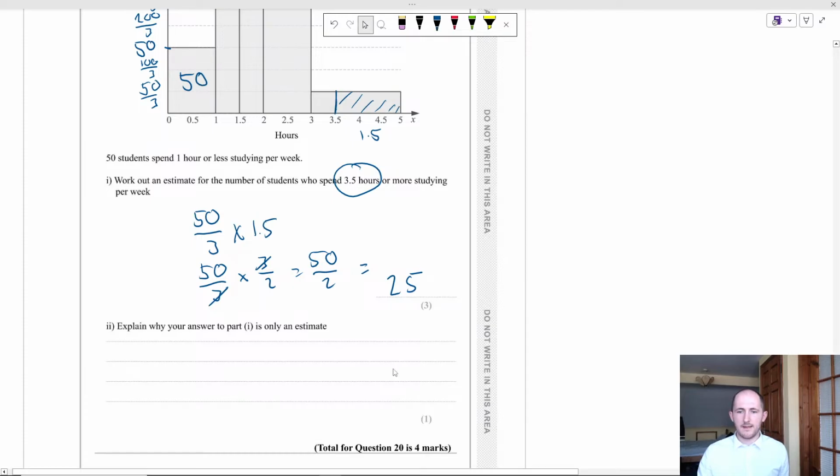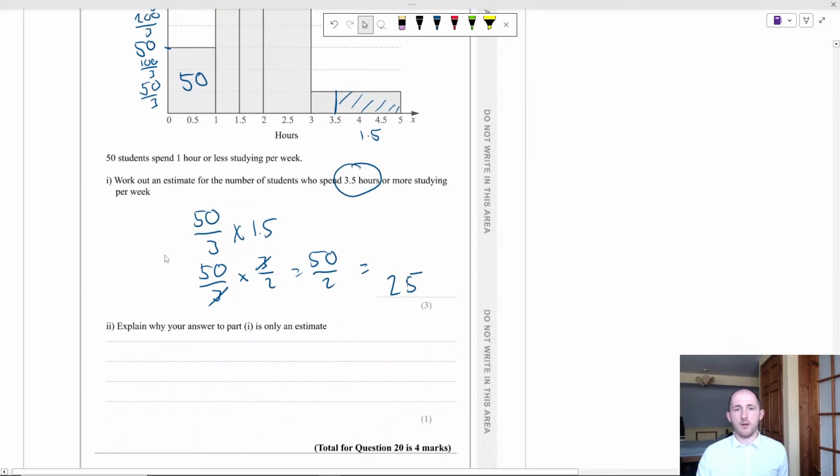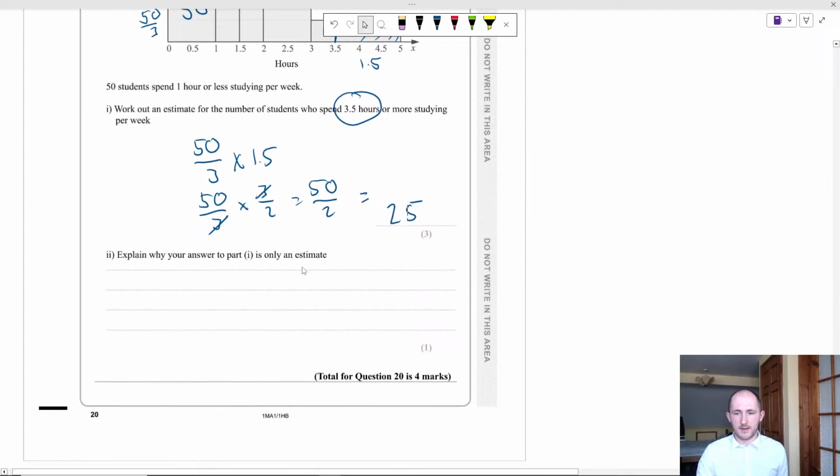Then it says, explain why your answer to part I is only an estimate. And the reason is quite simple. The reason is because we've assumed that there's a uniform distribution inside each of these bars, i.e. an equal number of people did from 2 to 2.5 as 2.5 to 3. Okay?